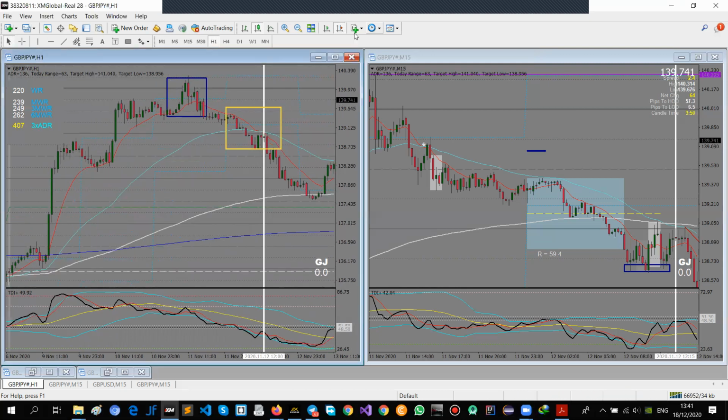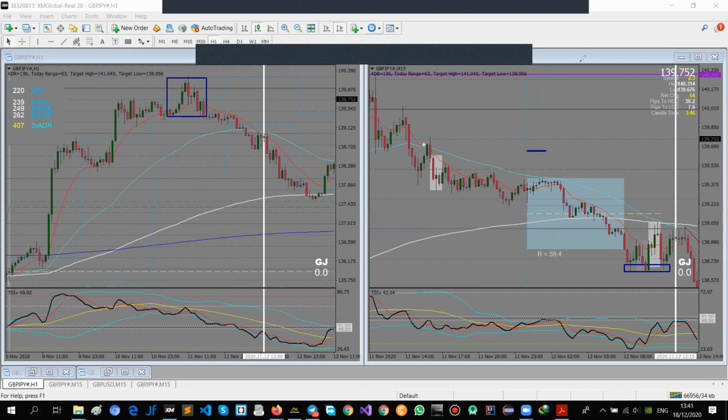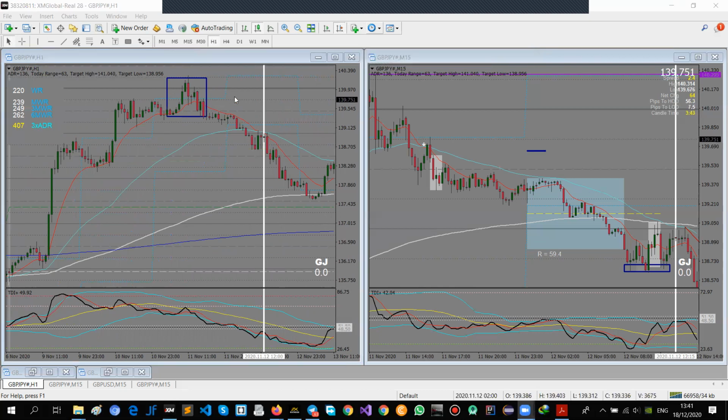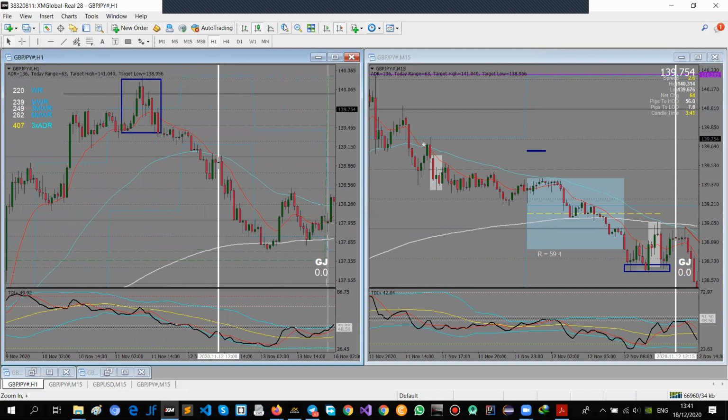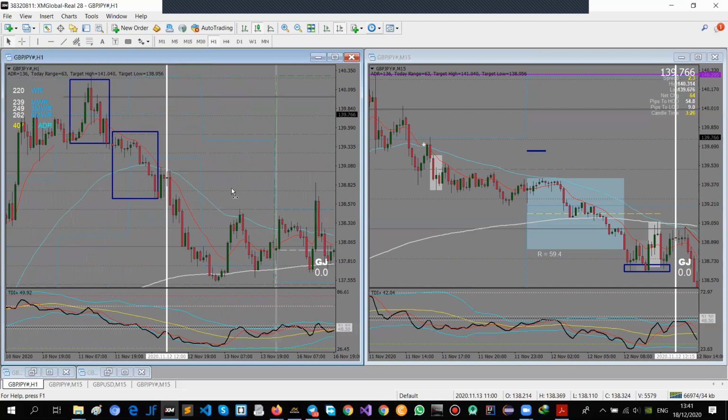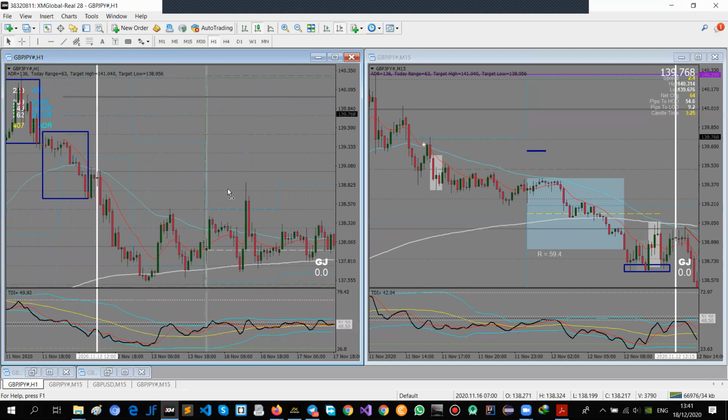Let me use this. We're in level 1 here. Then after level 1, we now need to confirm for level what? For level 2.